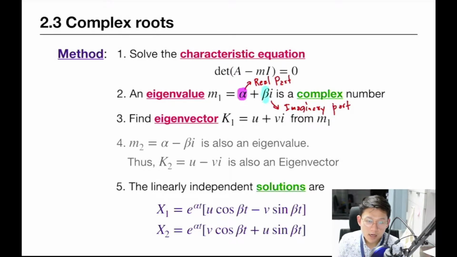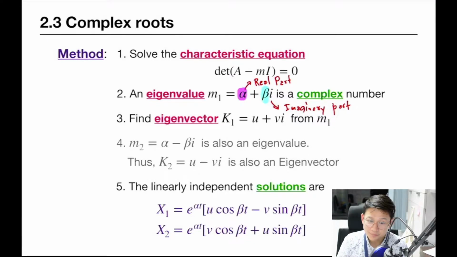After that, we need to find the eigenvector k1, which is in this form, u plus vi. So the eigenvalue m1, which is a complex number, gives the eigenvector, which is a vector of complex numbers as well.